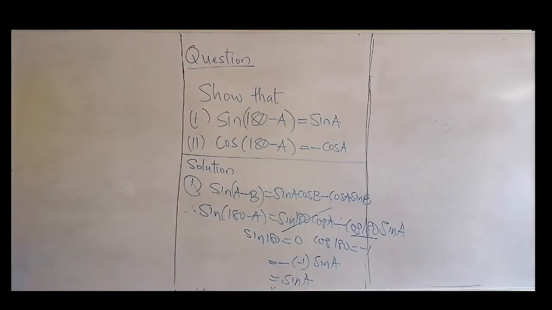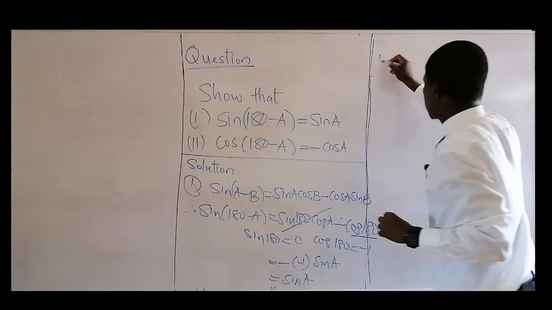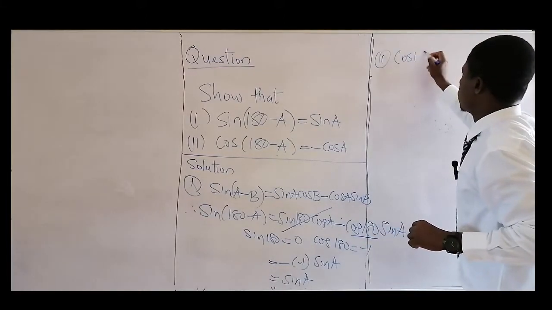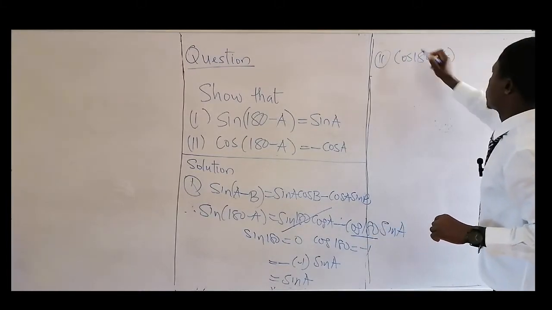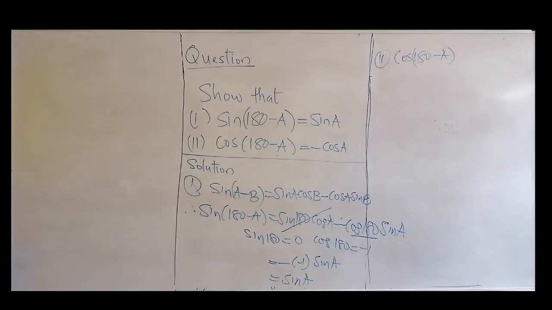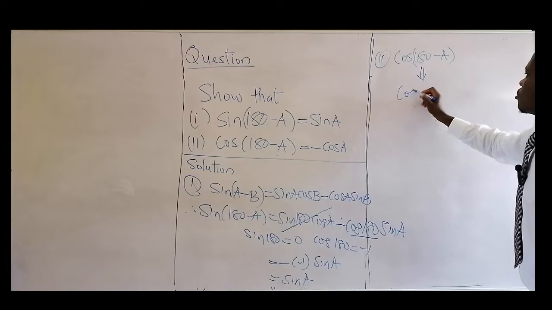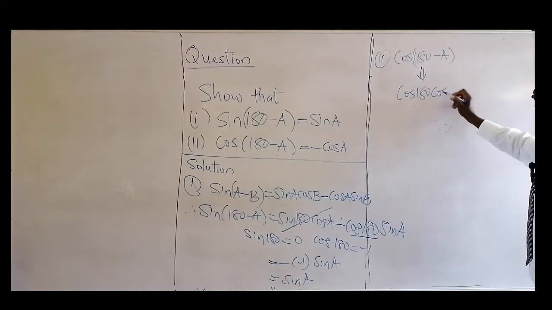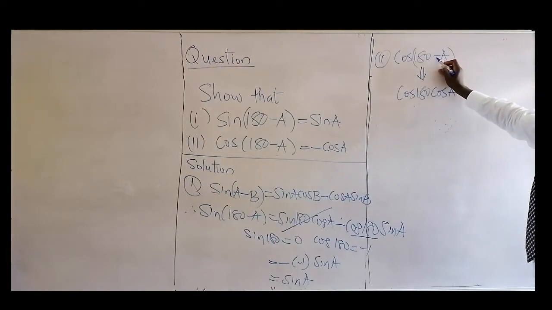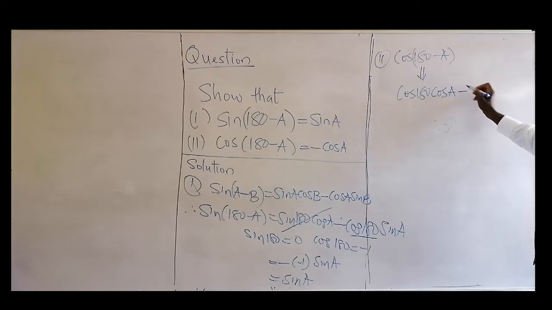Okay, let's look at part B. Cos 180 minus a, that will be equal to what? Cos 180 cos a. When you're dealing with cos, the sign will alternate.